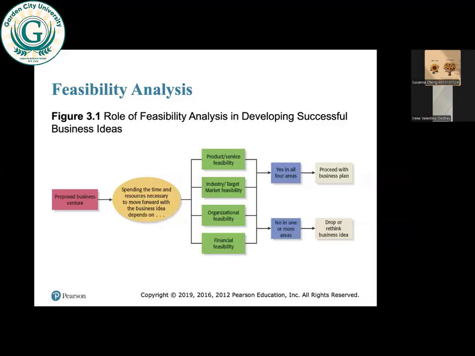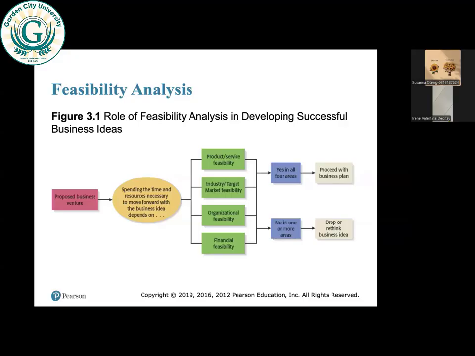The bridge between idea conceptualization and implementation of the idea into a business depends on you crossing the bridge in the green, after investigation: number 1, product service feasibility, industry target market feasibility, organizational feasibility, and financial feasibility. These are critical things that everybody must look at before you go into any business.